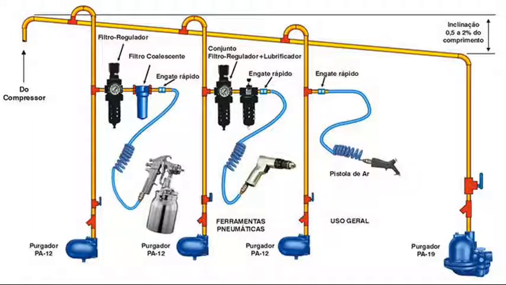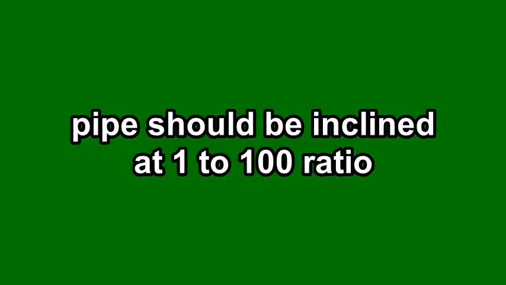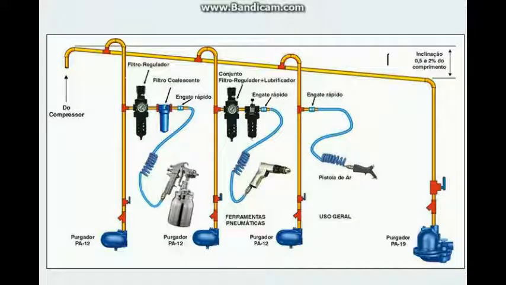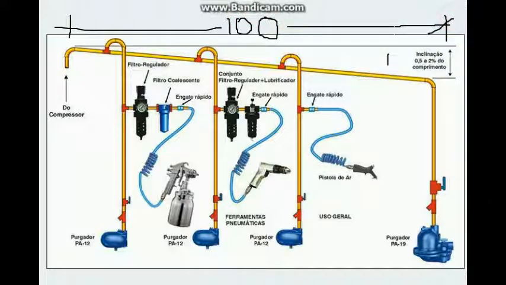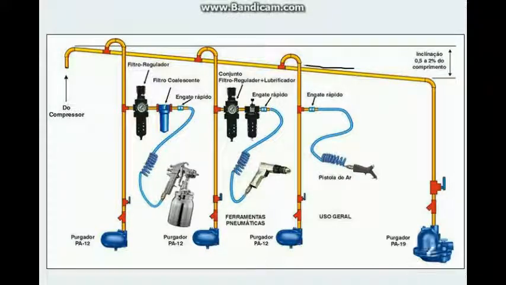To assist drainage, the pipe work should have a slope of about 1 in 100 in the direction of flow, and it should be adequately drained at suitable intervals.